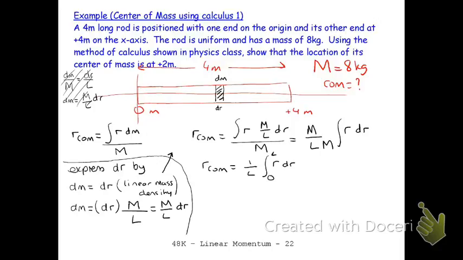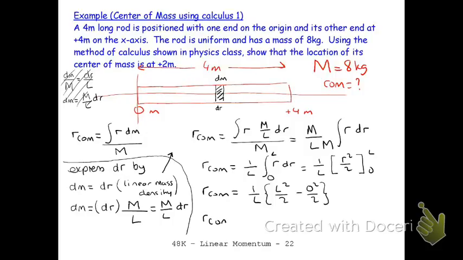So this gives me 1 over L, and then increase the power by 1 and put it in the denominator: R squared over 2 from 0 to L. So R center of mass is equal to 1 over L times L squared over 2 minus 0 squared over 2.